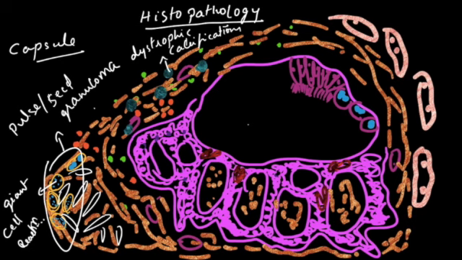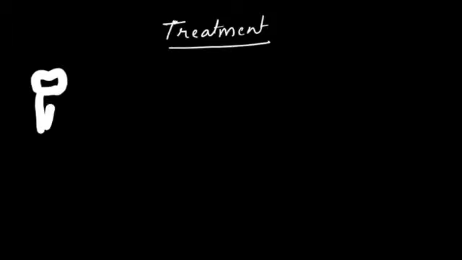Understanding this should help you in doing the drawing better. Now coming to the treatment aspect of radicular cyst. There are various ways the radicular cyst can be handled. One, if this is a cyst which is associated with a very grossly decayed tooth and a large lesion, better would be to extract the entire tooth.